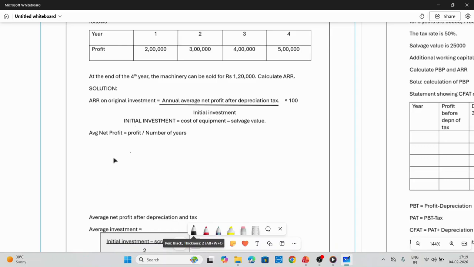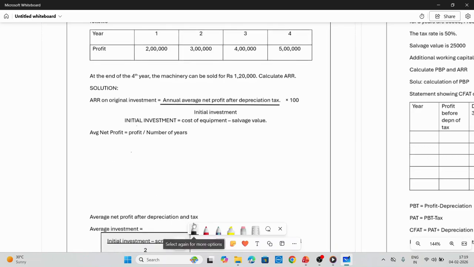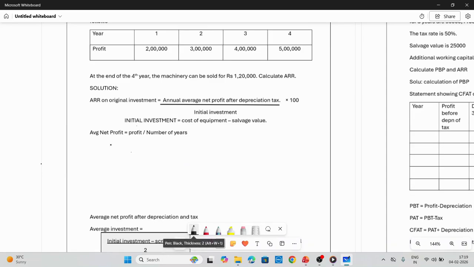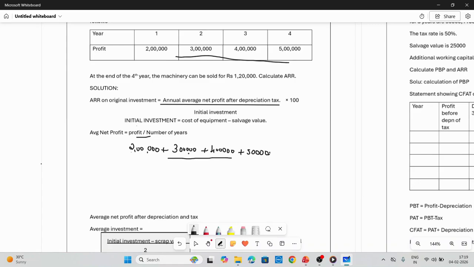First, we'll calculate average net profit. Profit divided by number of years. Add all these profits: 2 lakh plus 3 lakh plus 4 lakh plus 5 lakh, all divided by number of years.